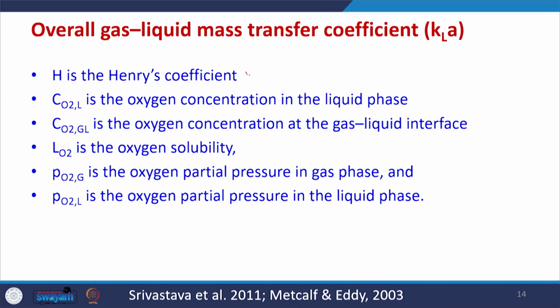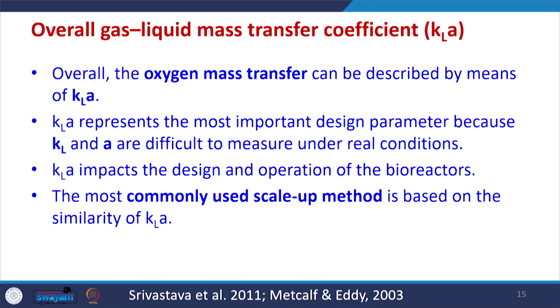H is the Henry's coefficient, CO2L is the oxygen concentration in the liquid phase, CO2Gl is the oxygen concentration at the gas liquid interface, and LO2 is the oxygen solubility. At different temperatures the oxygen solubility can be determined by the Henry's constant, and PO2G and PO2L are the oxygen partial pressure in the gas phase and in the liquid phase respectively.